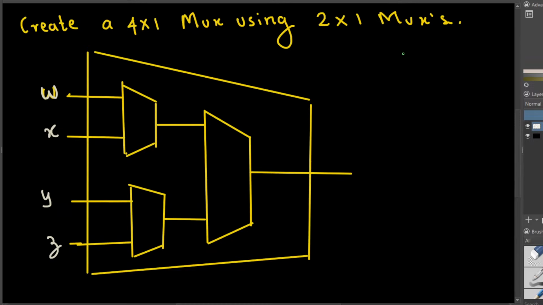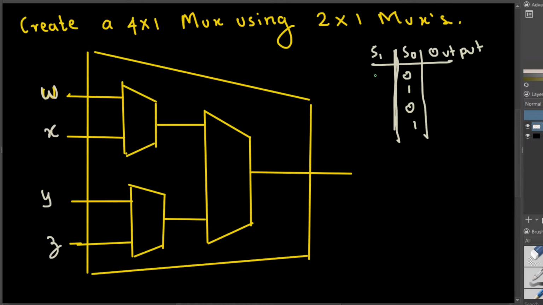Let's go ahead and write the truth table for it. For a 4x1 mux, the truth table looks like this. We have S1, S0, and the output. So we are going to have 0, 0, 1, 1 and 0, 1, 0, 1.